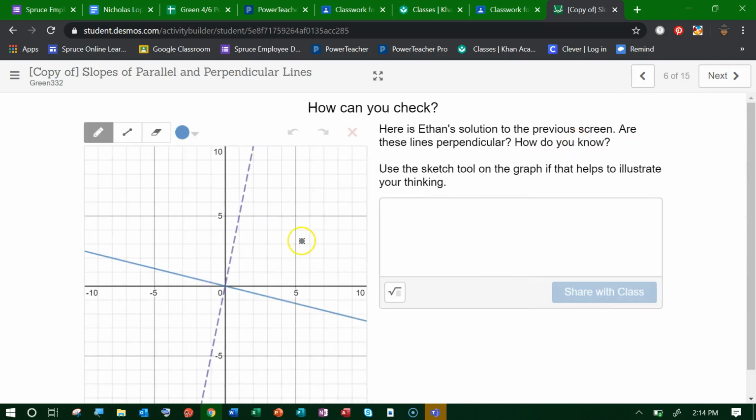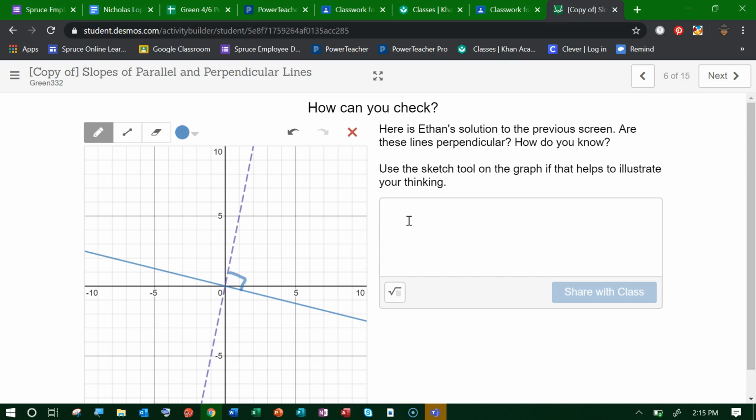So this is Ethan's solution, whoever Ethan is. Are these lines perpendicular? How do you know? It says use the sketch tool on the graph if that helps you to understand your thinking. And so if I use my sketch tool here, the pencil, if it's perpendicular, it should look like that. That looks pretty close.